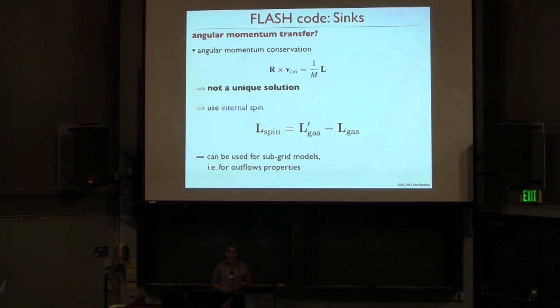In practice, it's just internal information which you might use if you like, for instance if you want to implement a feedback model for outflows where your opening angle might depend on the spin of your sink particle. It doesn't do anything to the hydrodynamics or to the simulation box. You just add up the spin of your individual particles.